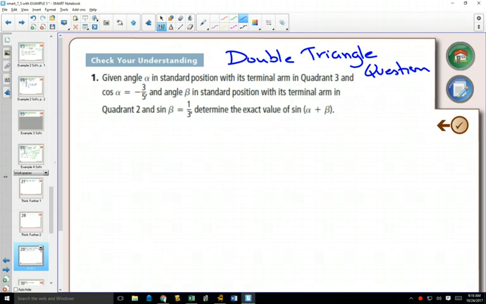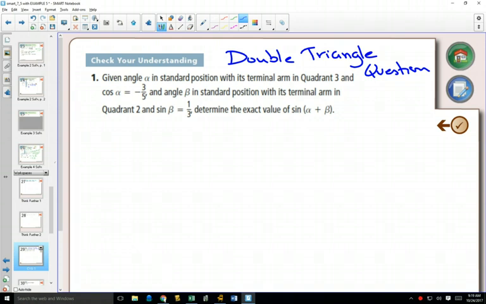Sometimes it's really direct, like in this one, where's alpha? Quadrant 3. It tells us right in the question. Sometimes it will be a little bit more obscure, like they might tell you that sine of alpha is less than 0. So because cos of alpha is negative and sine of alpha is negative, according to your CAST rule, you would also know it's in quadrant 3.